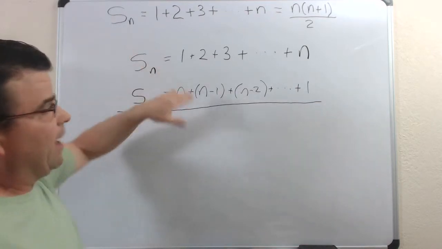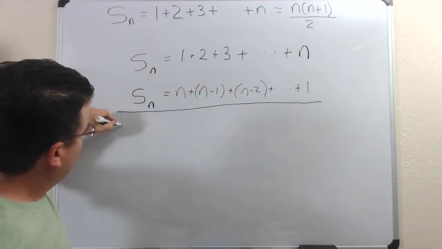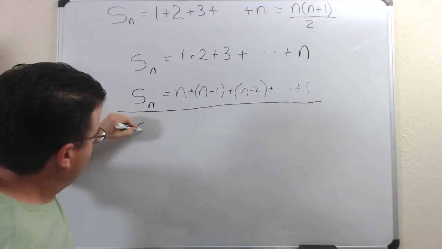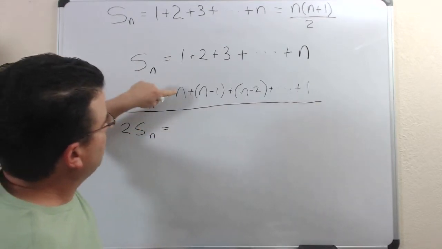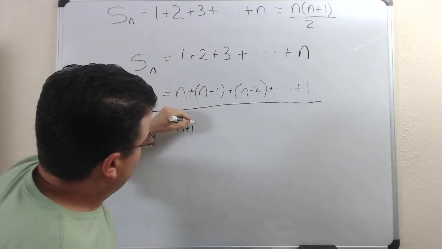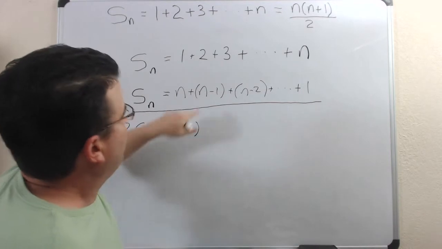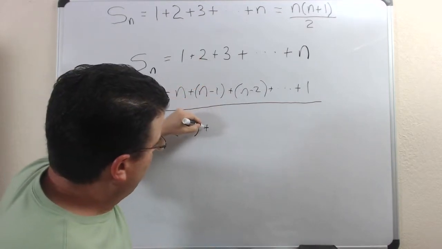But, okay, now we're going to add these equations. S sub n plus S sub n is 2 S sub n. And that's equal to n plus 1 is n plus 1. And then n minus 1 plus 2 is n plus 1.